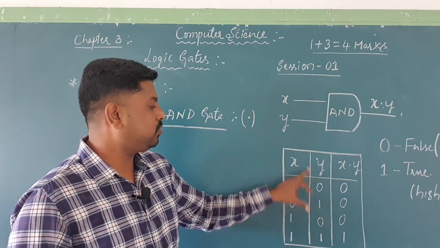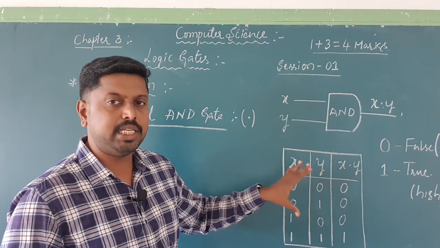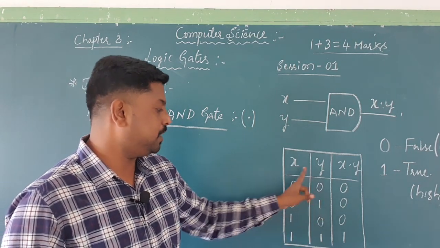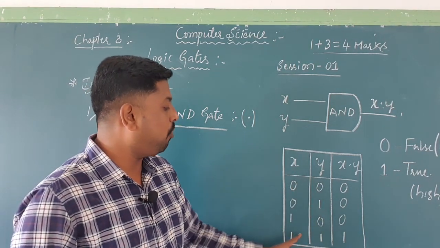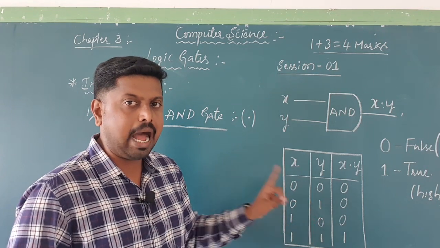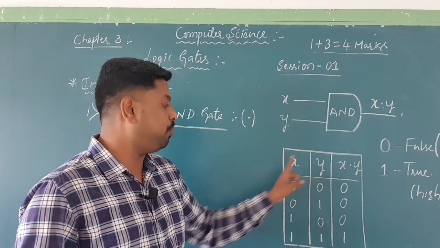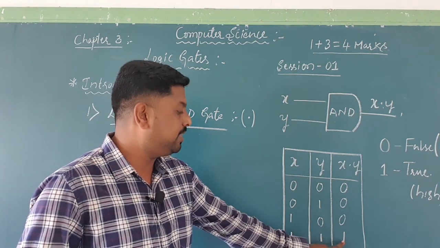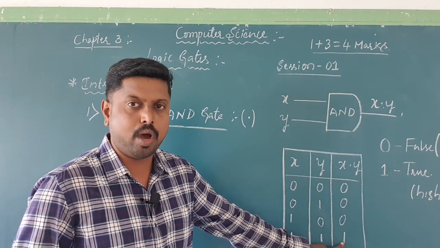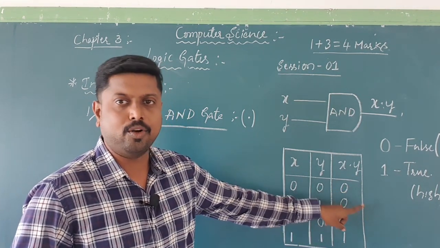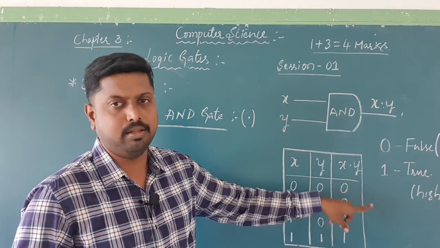Then if I want to explain this truth table for the logical AND gate, check this input: whenever both the inputs are high, or both the inputs are true, or both the inputs are 1, then only the result is 1. In all other cases, the result is 0 or low or false.